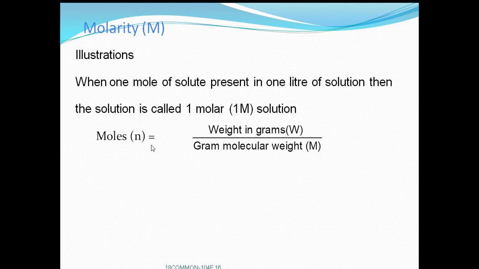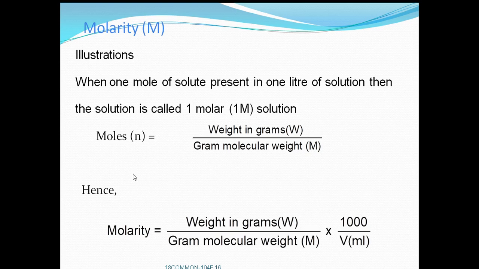Moles, small n, equals weight in grams, which we discussed in the last class, W by gram molecular weight. Gram molecular weight we can write as GMW, or capital M. Already you know capital M equals n by V. Now we write the n value here.